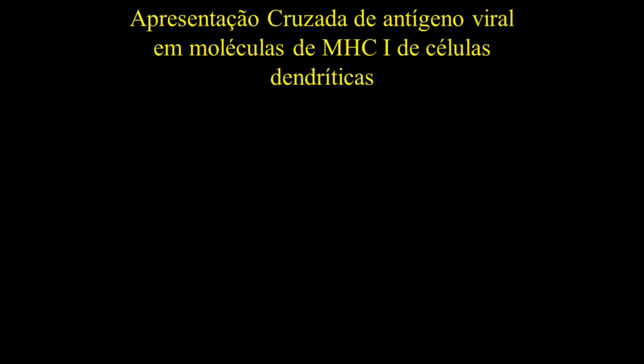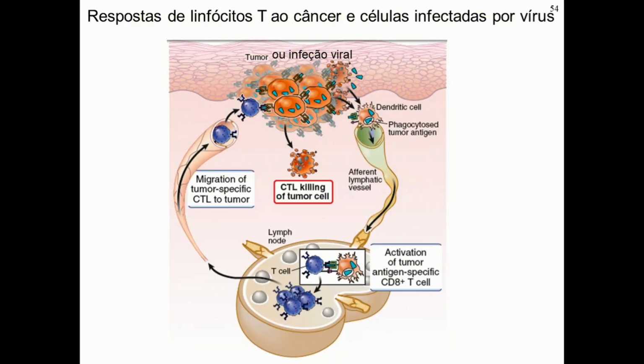So the way that one initiates an immune response, this is actually shown here for cancer, but the same thing is true for infected cells, is that we have these abnormal cells present in the tissue. And the way that the adaptive immune system actually detects these is that it uses dendritic cells to be out in the tissues to look around and see if there's a problem.